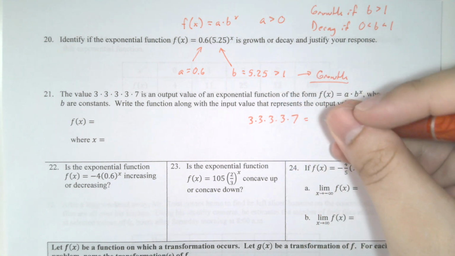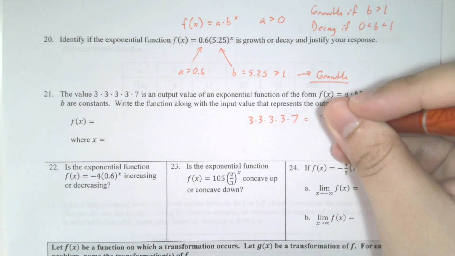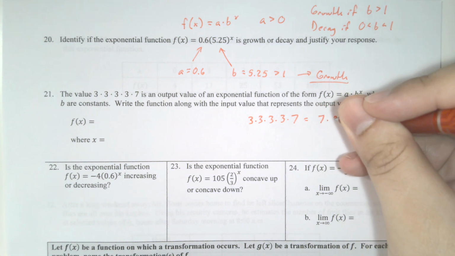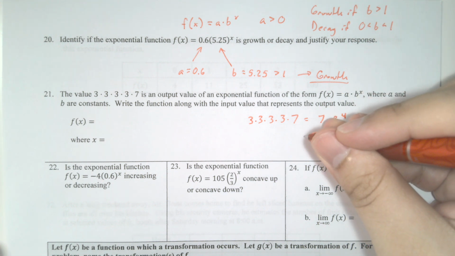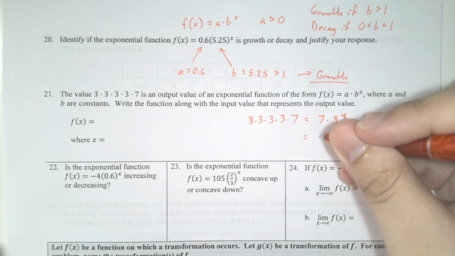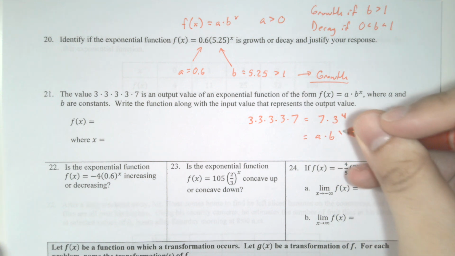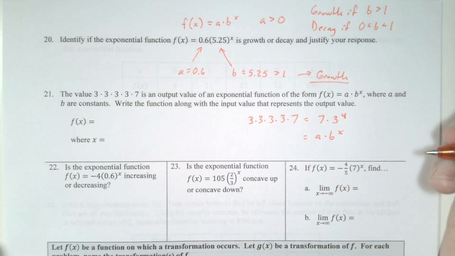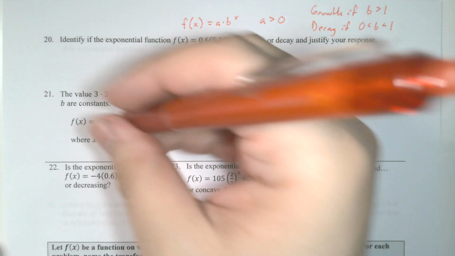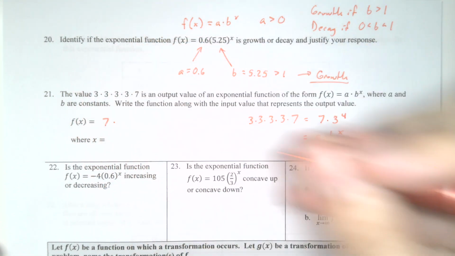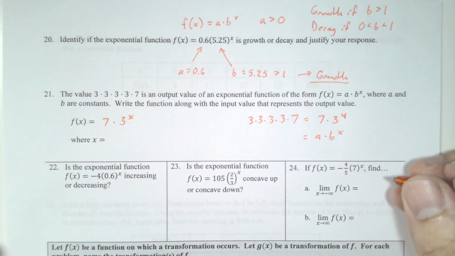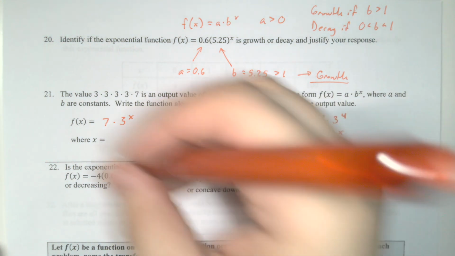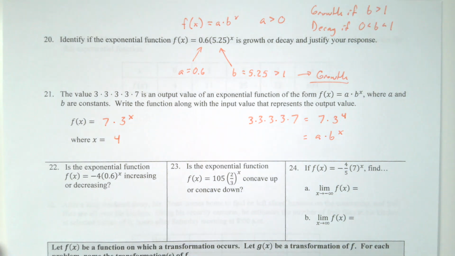One way that we can write that is 7 times 3 to the 4th power. And wouldn't you know, that looks an awful lot like a times b to the power of x. So our function here is 7 times 3 to the power of x, where x is just equal to 4.